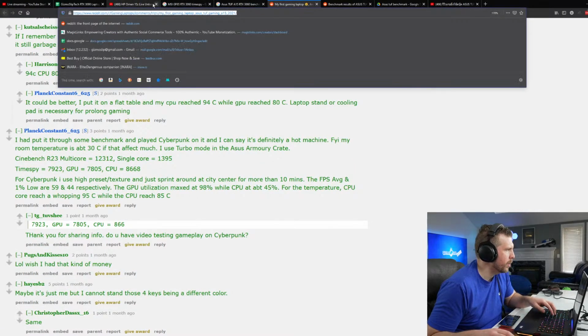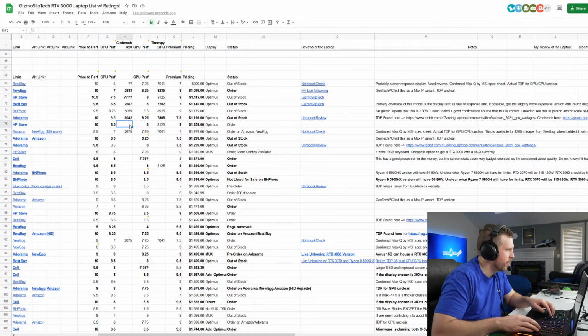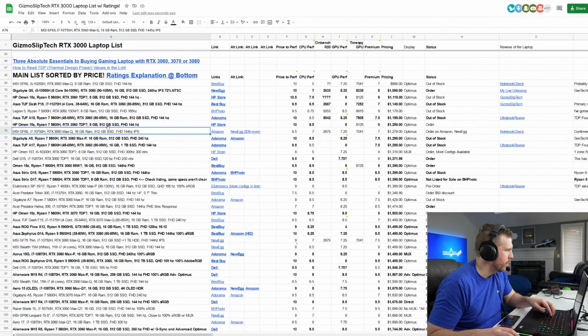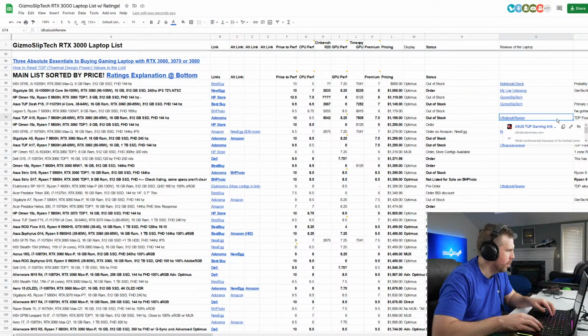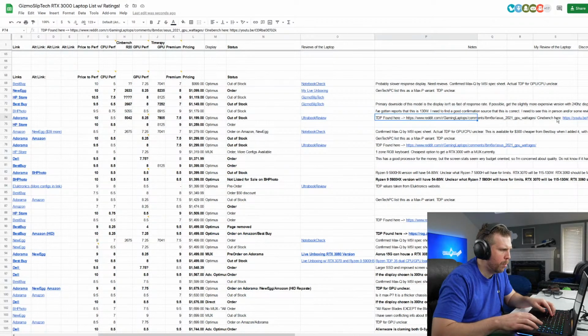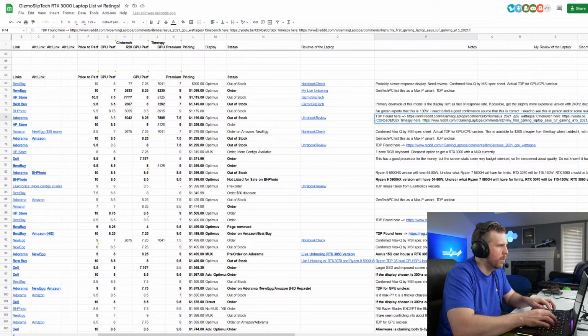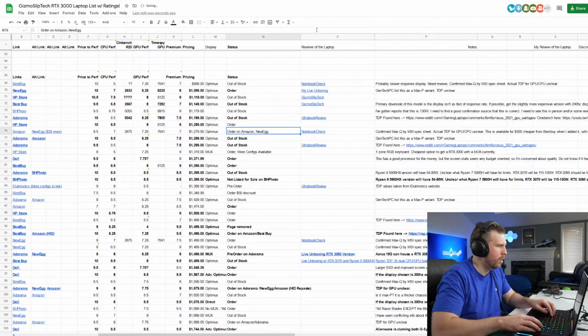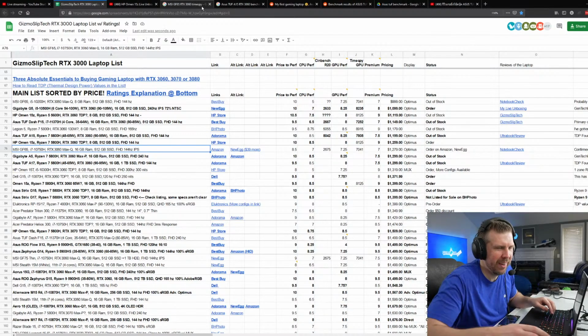Okay, so we're gonna put... where is it? A15 right here. Boom, boom. Okay, and then Timespy here. Okay, cool. This is like doing a research project.